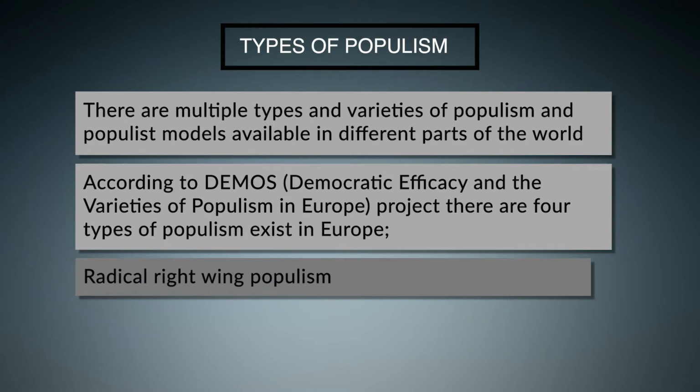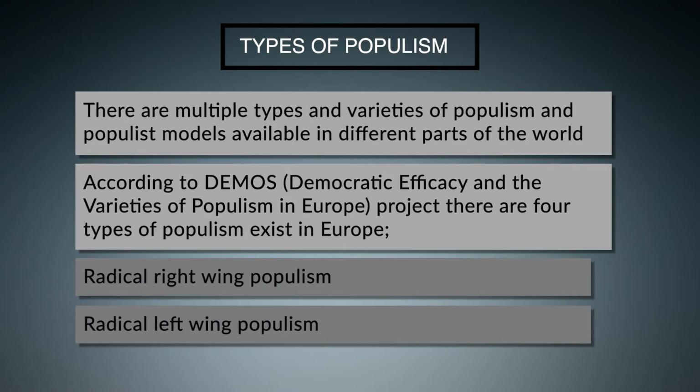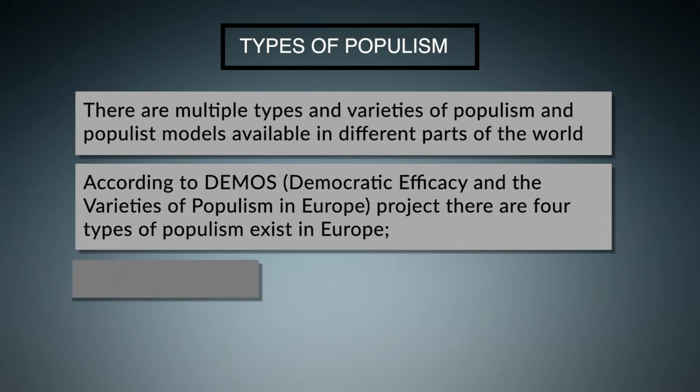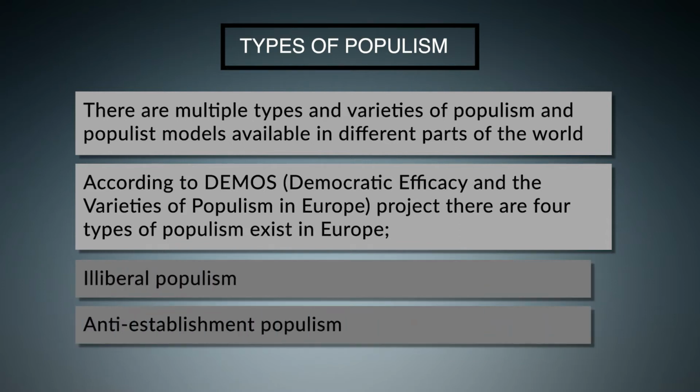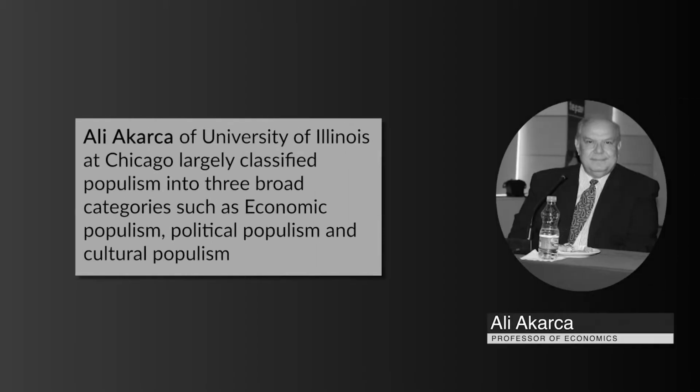In Europe, there is right-wing populism, radical left-wing populism, illiberal populism, and the last one is anti-establishment populism. Professor Ali Agrara from the University of Chicago also classified populism into three broad categories: economic populism, political populism and cultural populism.